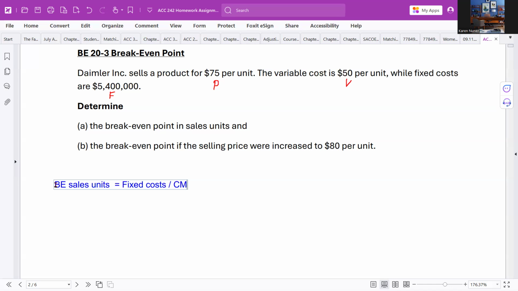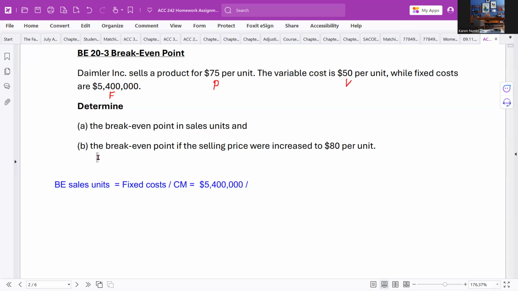So the fixed cost divided by the contribution margin. The fixed costs I already identified: $5.4 million. And we want to divide by the unit contribution margin. Remember, P minus V is the unit contribution margin.